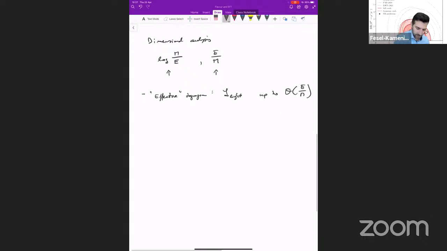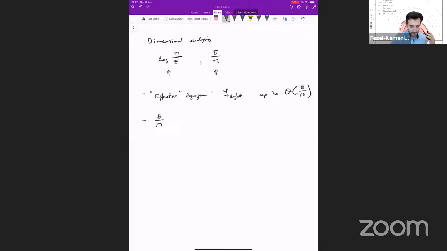Now, of course, this is usually not enough because these corrections can be extremely relevant, especially since these E over M suppressed corrections can break so-called accidental global symmetries, which are present in the renormalizable Lagrangian simply because of its rigid structure, because it has a finite number of terms with a finite particle content. So it can have some accidental global symmetries present.